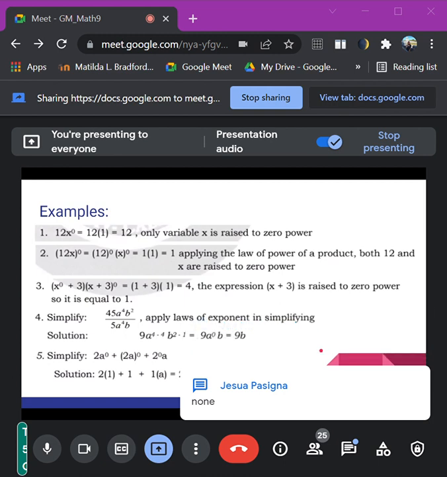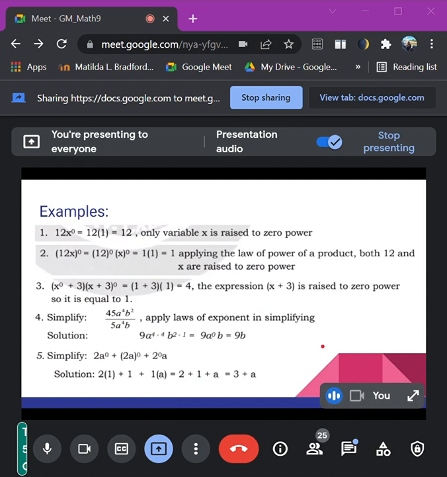Here we are going to simplify 2a raised to 0 plus quantity 2a raised to 0 plus 2 raised to 0 a. If you followed our examples above, it is the same. So you have there 2 times a raised to 0, that is equivalent to 1.